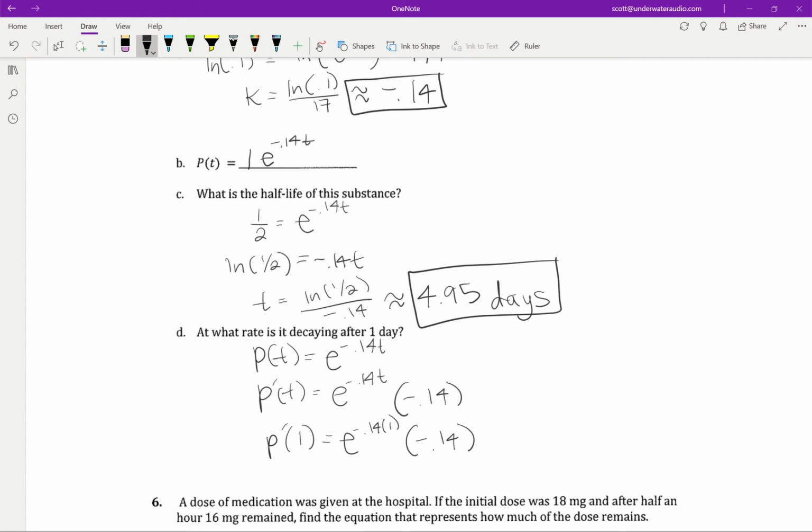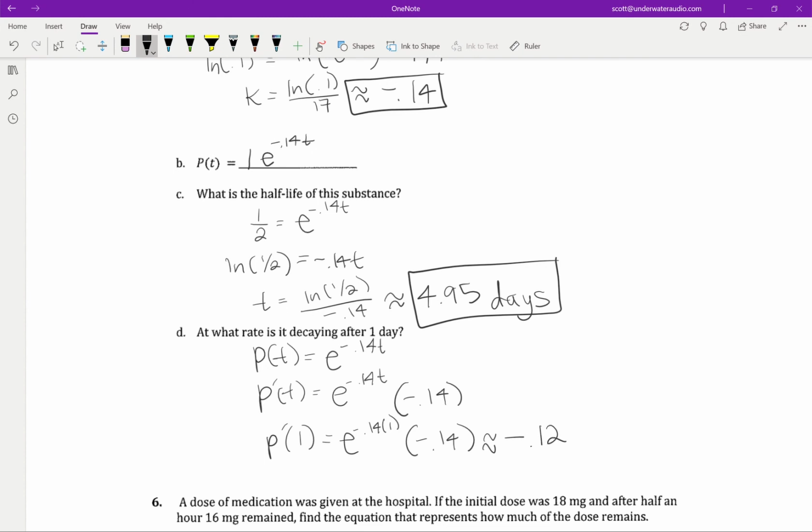And that is a calculator issue. e to the negative 0.14, and then all of that times negative 0.14. And that is roughly negative 0.12.